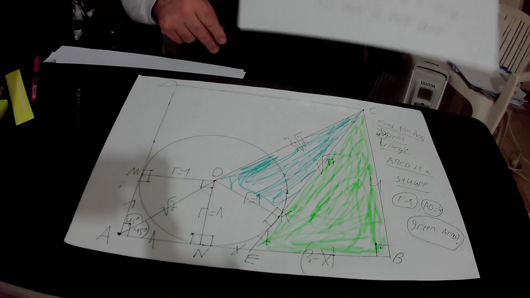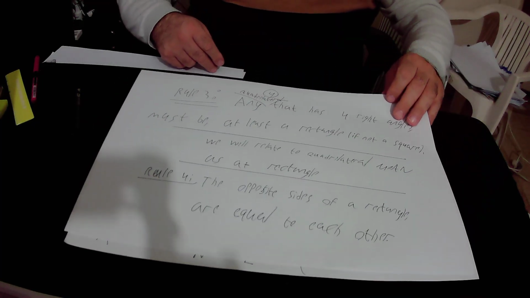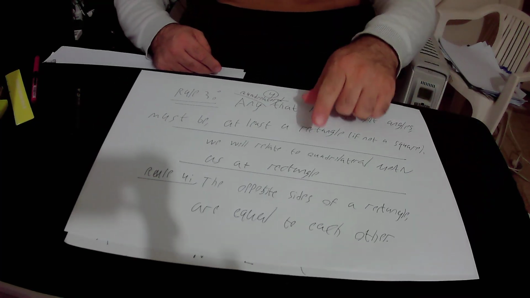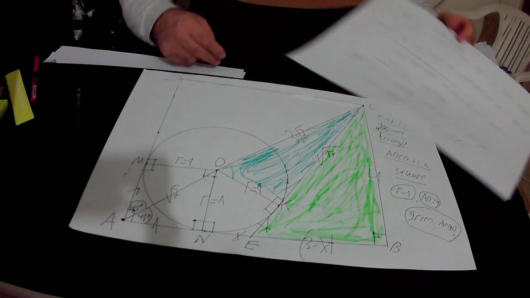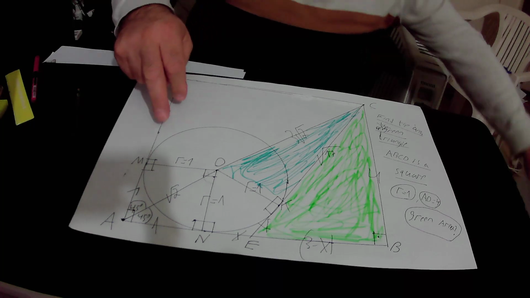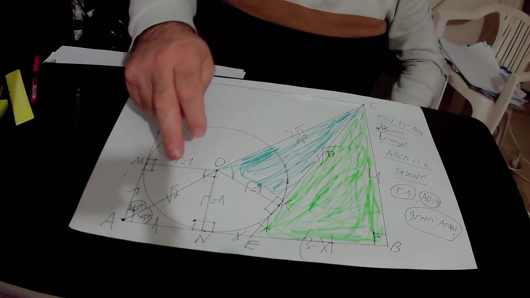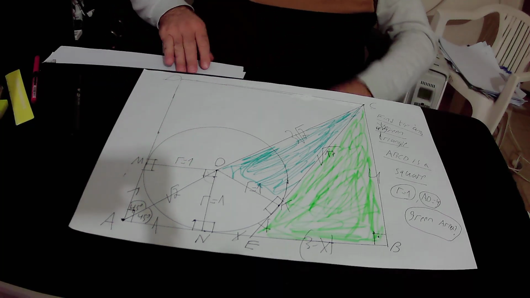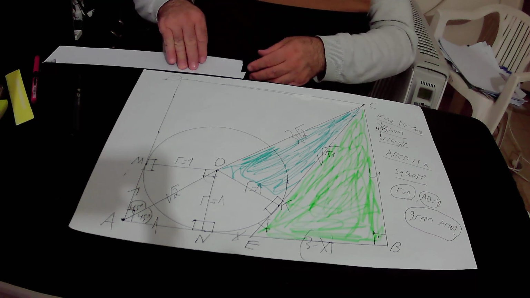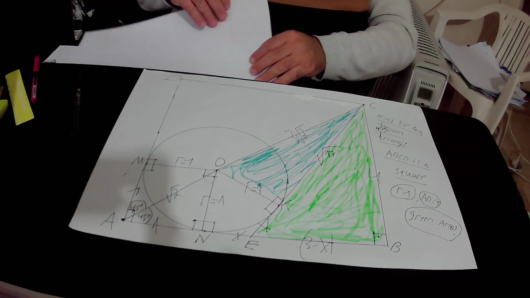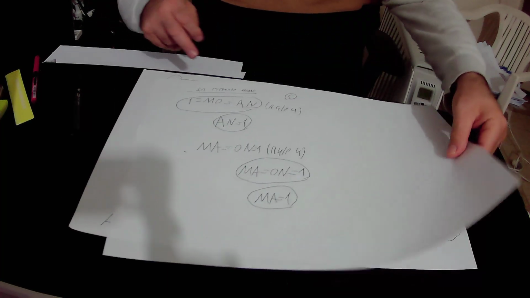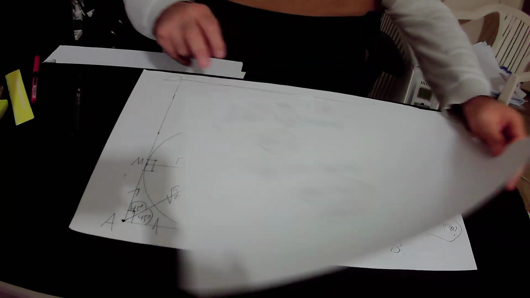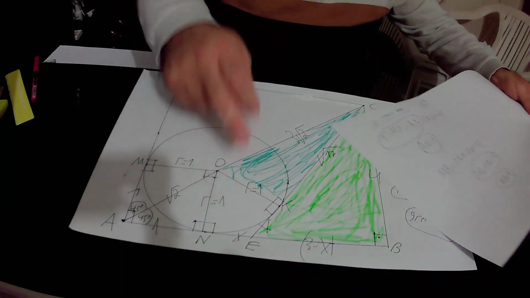And we also have rule number 4 that states that the opposite sides of a rectangle are equal to each other. So according to rule number 4, the opposite sides of rectangle MOAN are equal to each other. That is to say, MO equals AN.